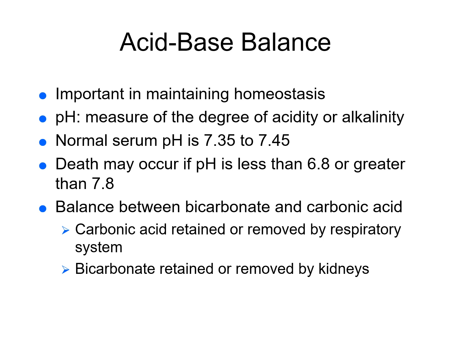If we're less than 7.35, we're considered acidotic. If we're greater than 7.45, we're considered alkalotic on our blood or serum pH level. Anything less than 6.8, that's severe acidosis, we will die. Anything greater than 7.8, that's severe alkalosis, we will die.